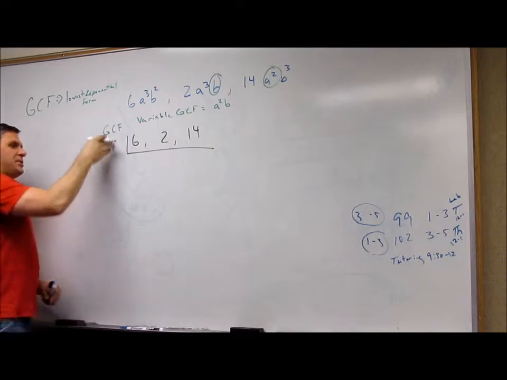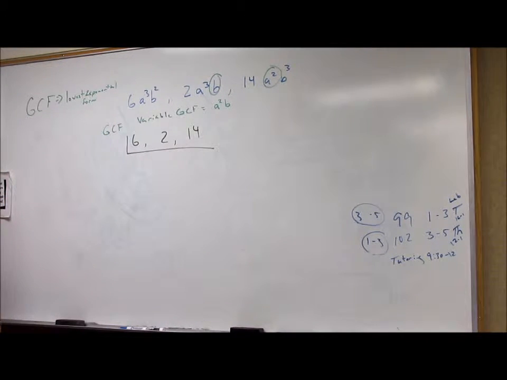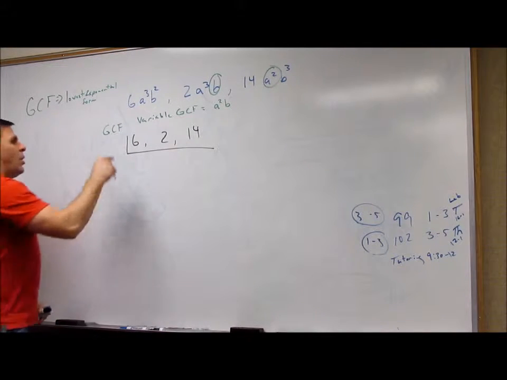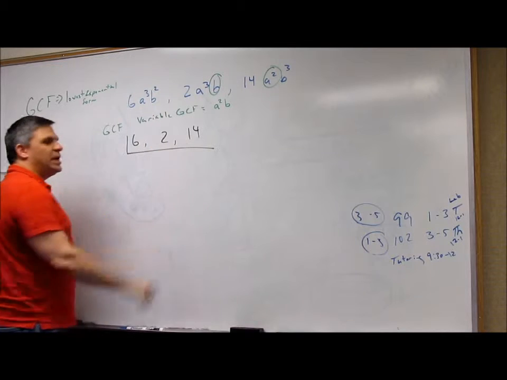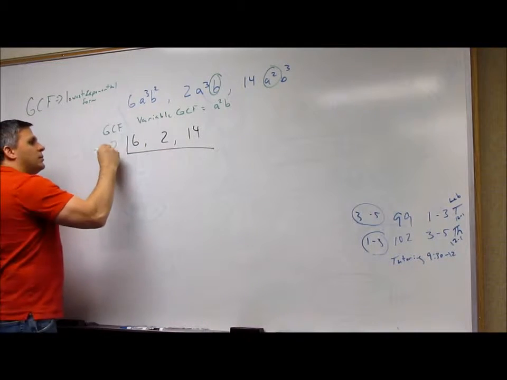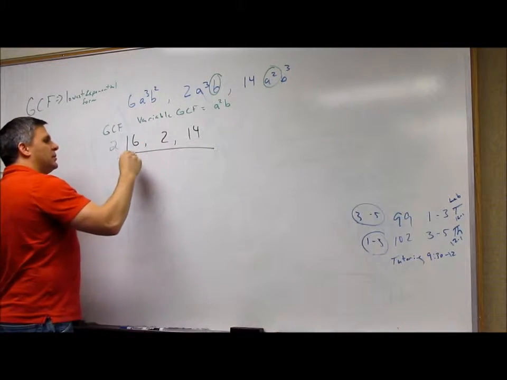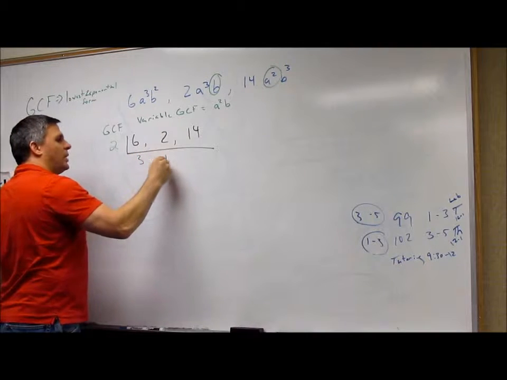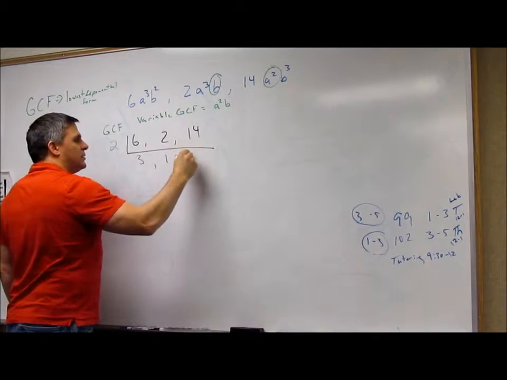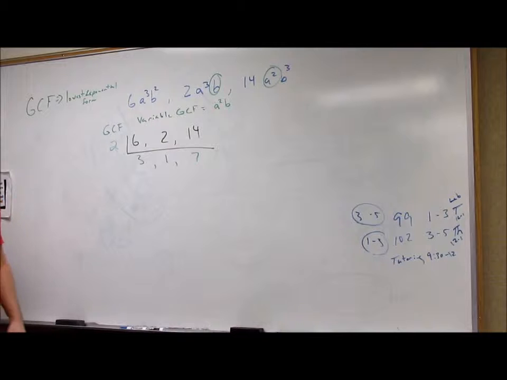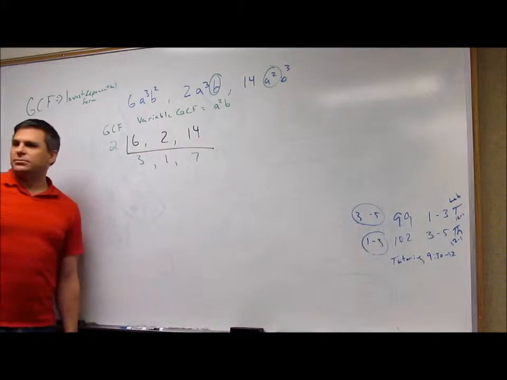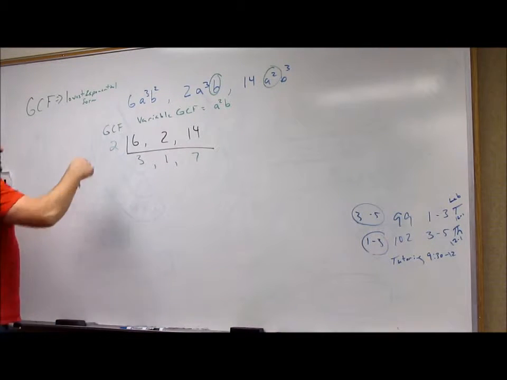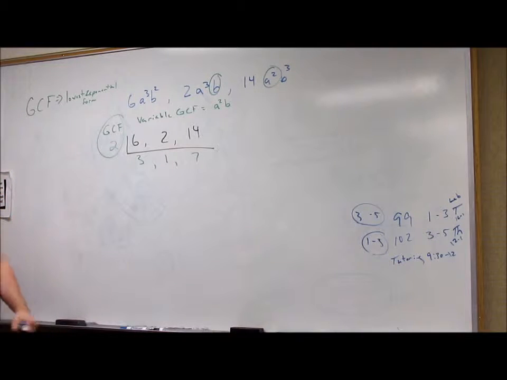When I do upside down division, this column will be the GCF. So, what goes into 6, 2, and 14? 2. And what's left? 3, 1, and 7. Does anything go into 3, 1, and 7? No. So my GCF is 2.